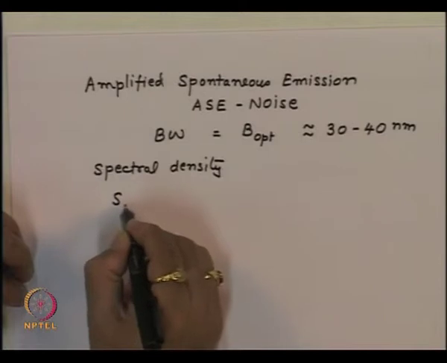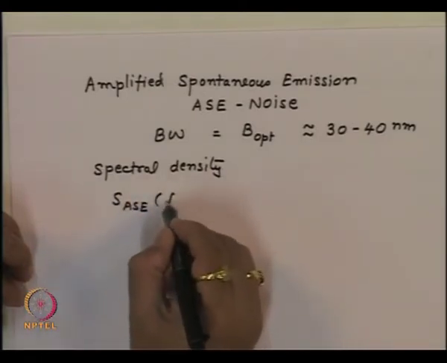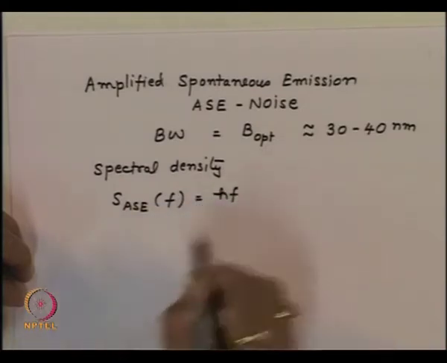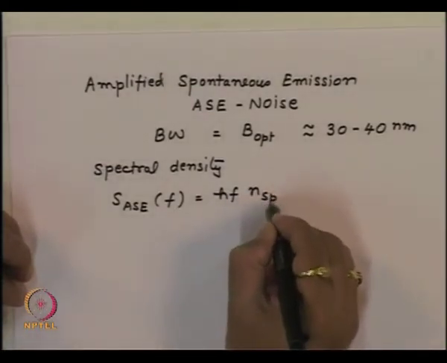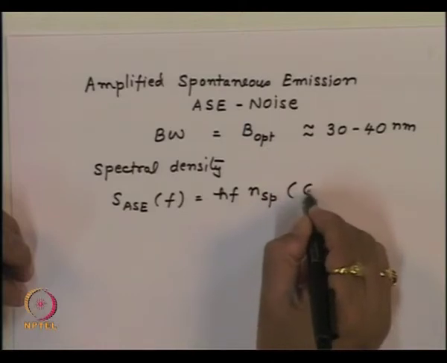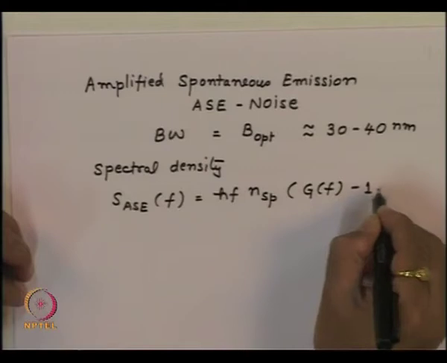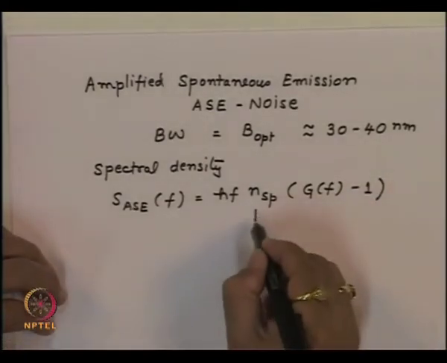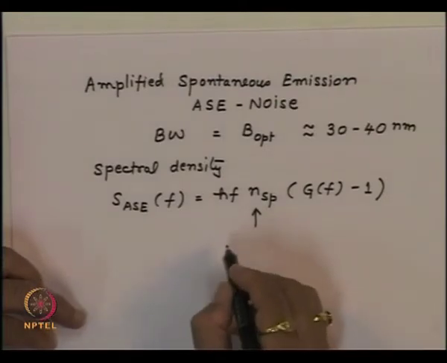Let us say that is S_ASE as a function of frequency, that will be h into f, where f is the frequency of the photon, and n_sp into the gain of the amplifier, which is a function of frequency, minus 1. Where n_sp is what is called the spontaneous emission factor or population inversion factor.